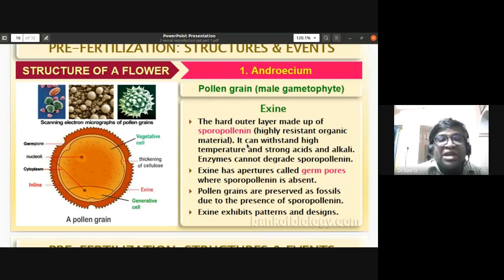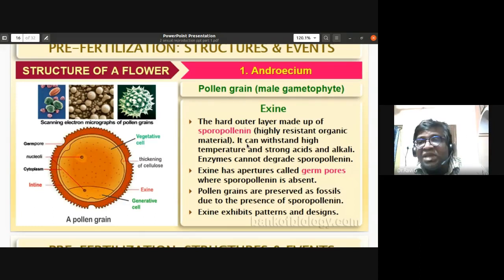It can have a reticulate pattern, a colporate, or a spinescent type of pattern. A lot of patterns are there on the exine. That itself is an interesting study, but it is done at degree level. You don't require this now.